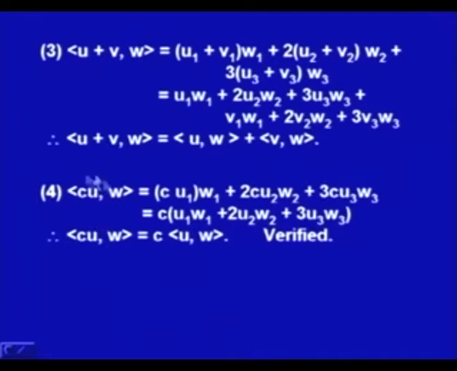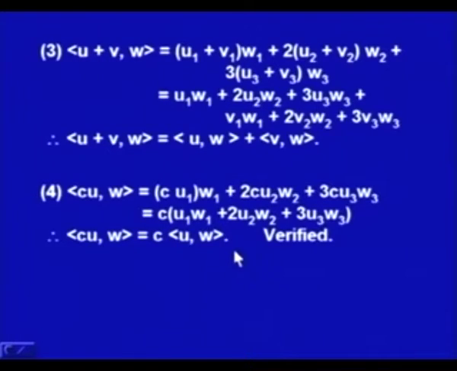And the fourth is c u comma w, which is equal to c u1 w1 plus twice c u2 multiplied by w2 plus thrice c u3 multiplied by w3, and then c can be taken out from each of these, and that proves the final result: c u comma w is equal to c times the inner product of u comma w, and that establishes that the definition which is given to us is a definition for inner product.